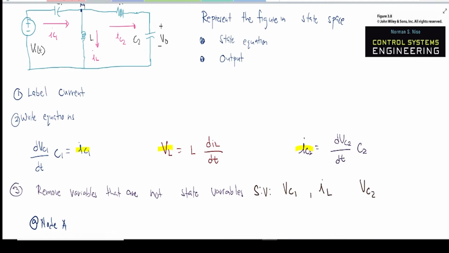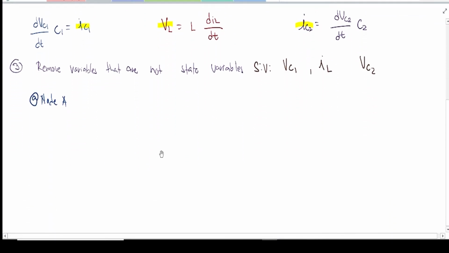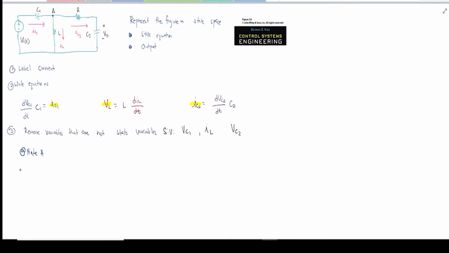And if we're going to write the equation for node A, it would be, okay, so that's our KCL equation at node A. You might be wondering why we have to find the equation at node A. It's because we're currently working on this equation.